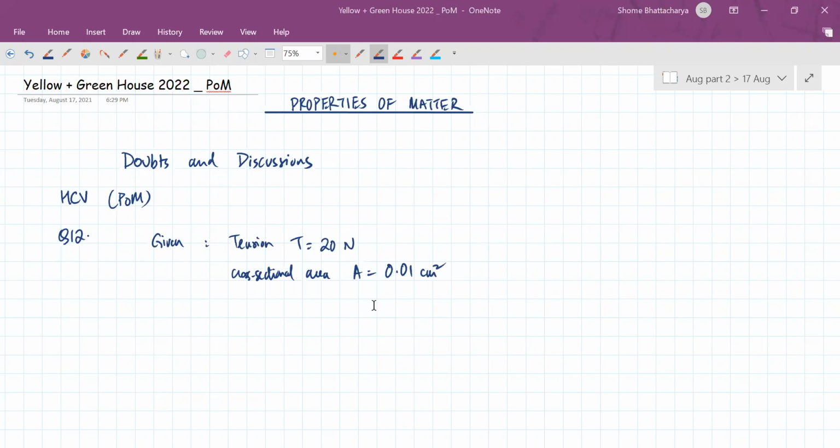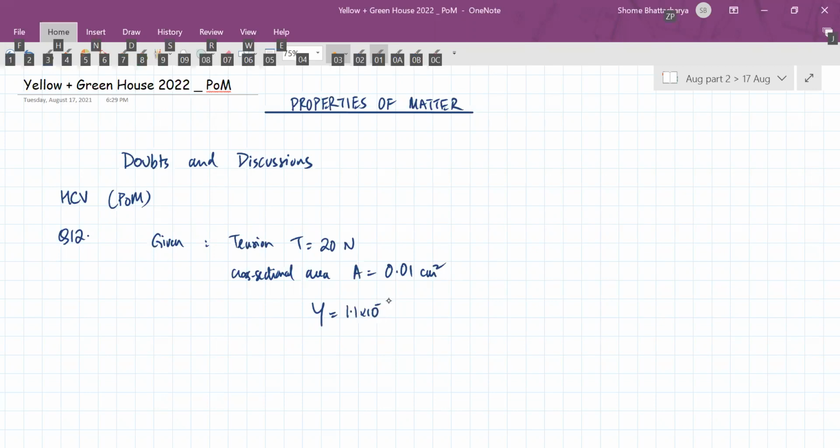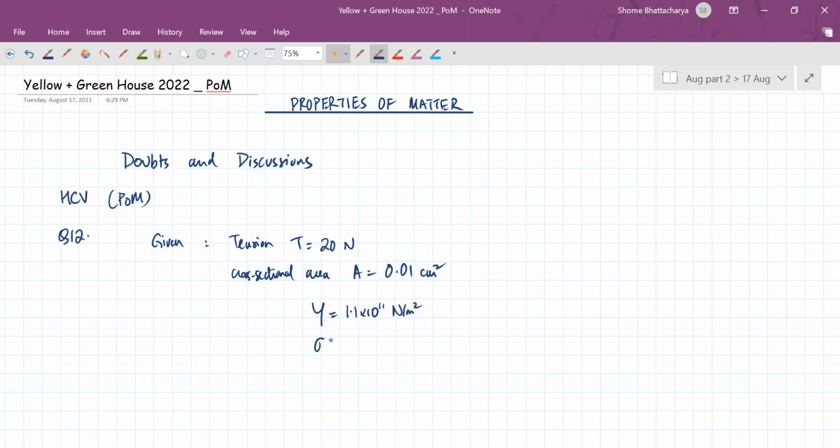And Young's modulus is given and Poisson's ratio is given. So Young's modulus for copper is given as 1.1 into 10 raised to the power 11, and Poisson's ratio gives us 0.32.